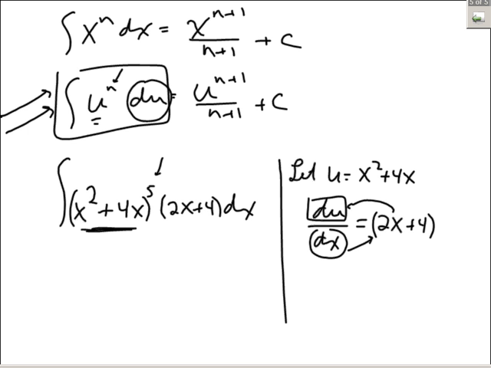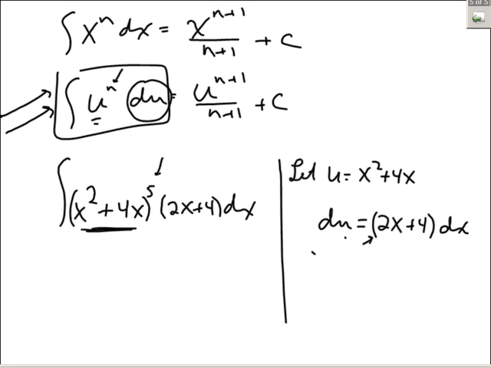So we're going to get in the habit of never putting dx in the bottom, but rather putting it up on the other side. So du is equal to 2x plus 4 dx. du is 2x plus 4 times dx.